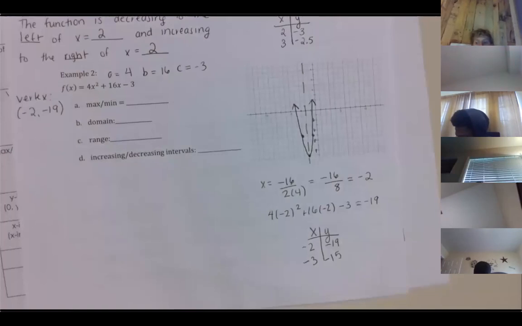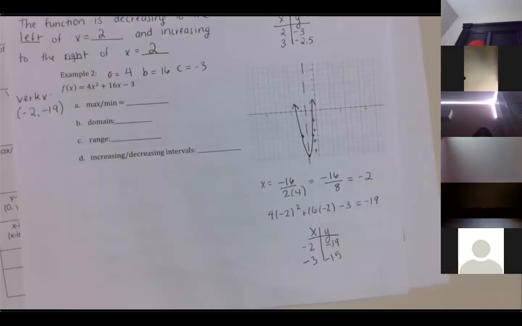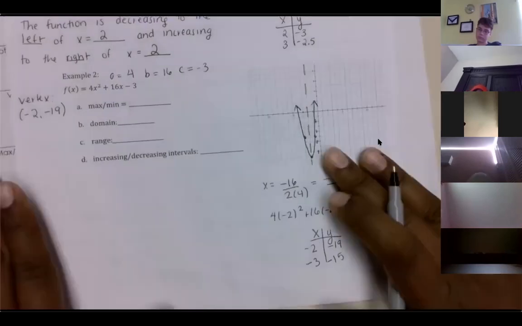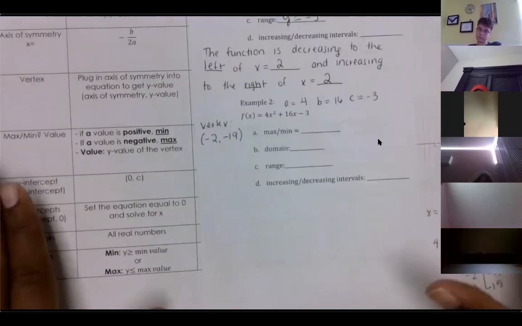All right, am I gonna have a maximum or minimum, and what is that value going to be? Maximum or minimum, and what's the value? What do you think, Jaden? What does our cheat sheet say to find maximum and minimum value?